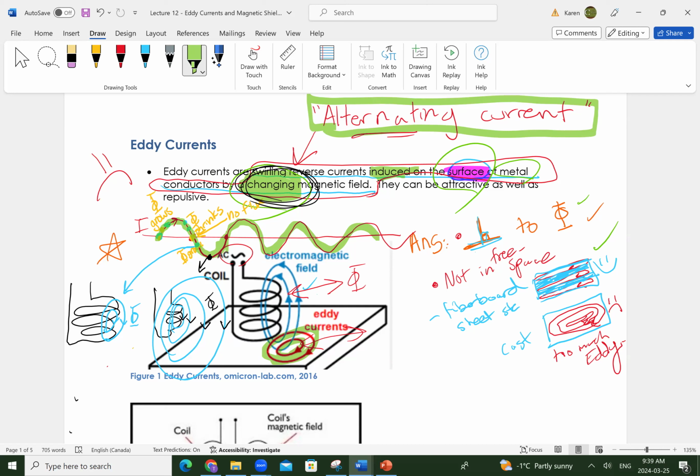All right. So if you have a good understanding of how eddy currents are induced, then you can answer anything about eddy currents and the amount of heat compared to the application. I can give you a DC solenoid versus an AC transformer, and ask you to compare the heat.